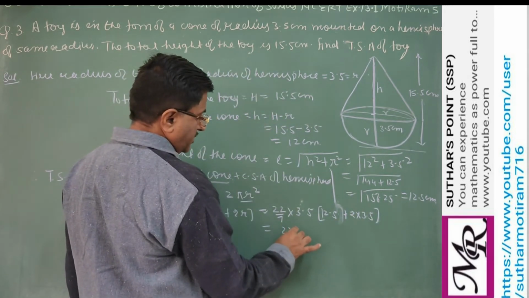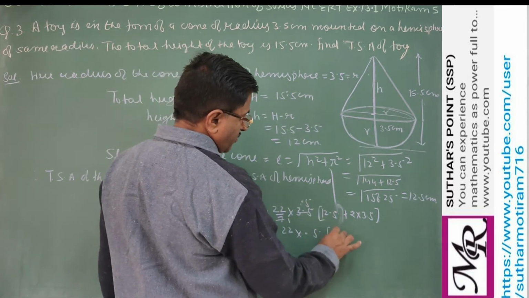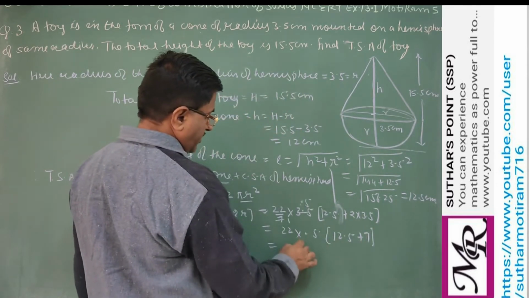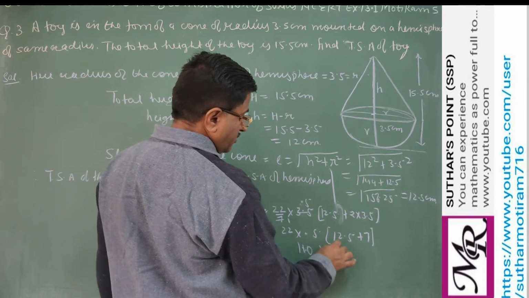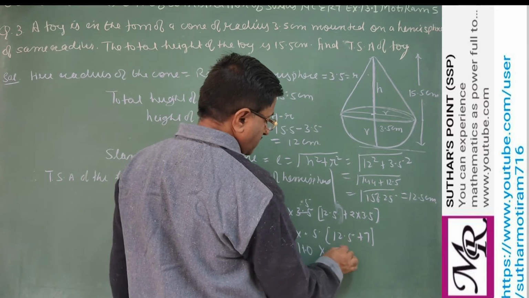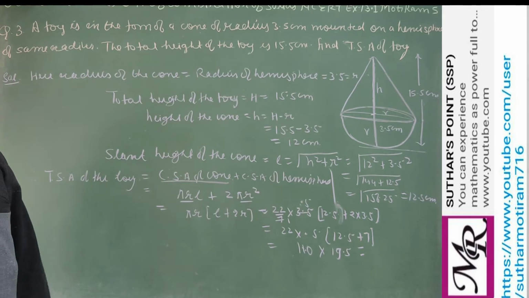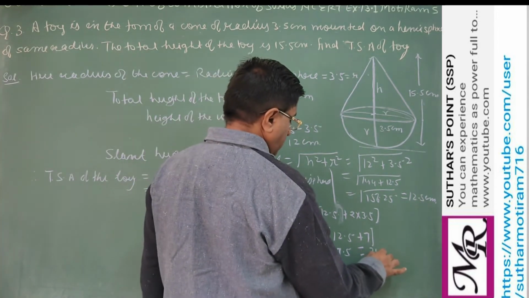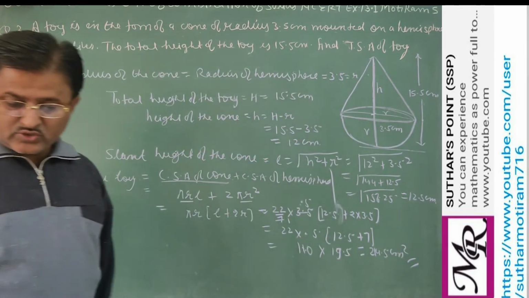So you can divide this by 0.5, then 12.5 plus 7 is 19.5. So 11 multiplied by 19.5 will give the value 214.5 centimeter square.